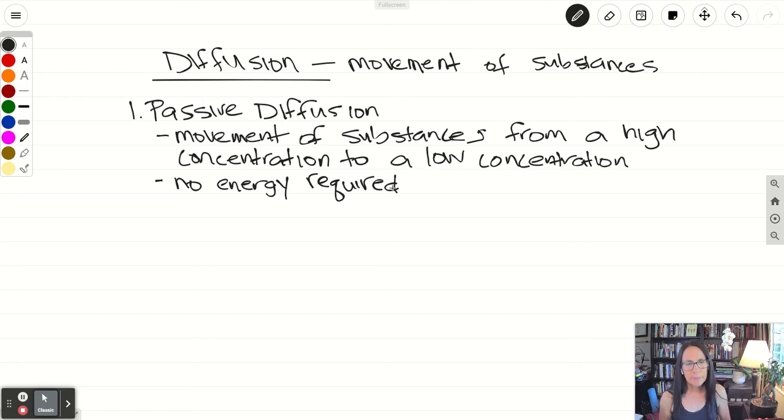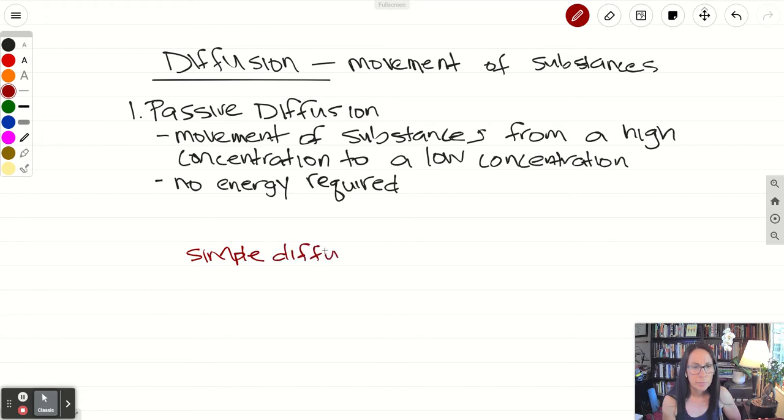Okay, and I'm going to break this concept of passive diffusion down into little subcategories. I'm going to talk about these three little categories, and the first one is called simple diffusion.